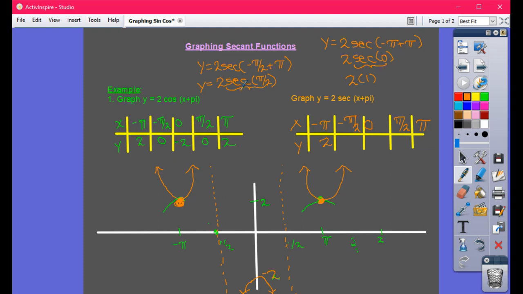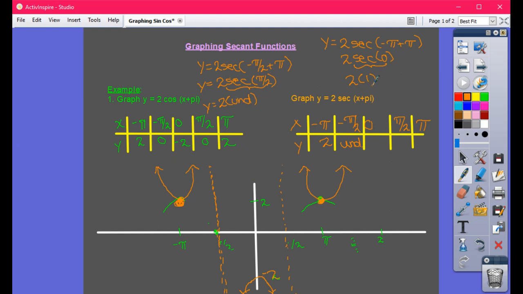Now, the reciprocal of cosine is secant, and the reciprocal of 0 is undefined. So since I'm multiplying 2 times undefined, it's still undefined. So remember, the reciprocal of 0 is undefined. When I have an undefined value, that translates to an asymptote, which is what I have here at pi/2, or -pi/2.